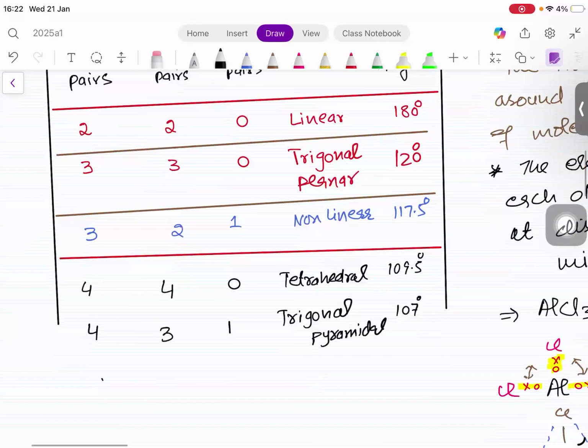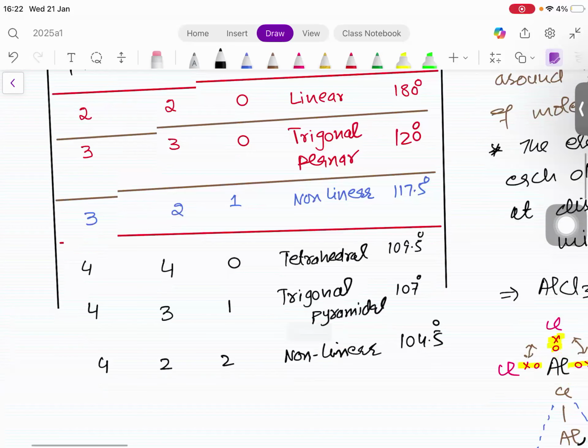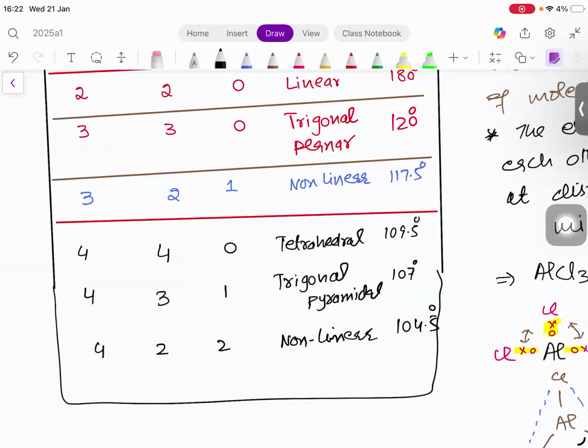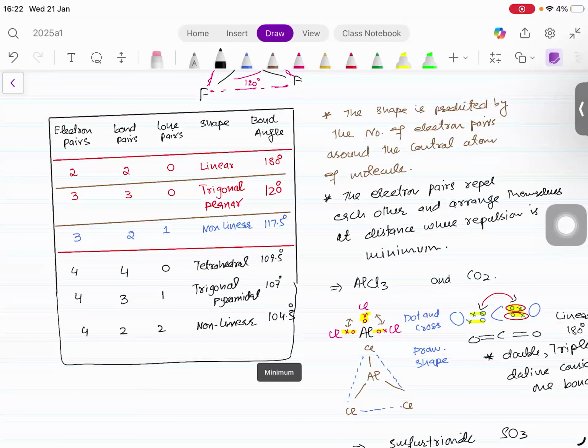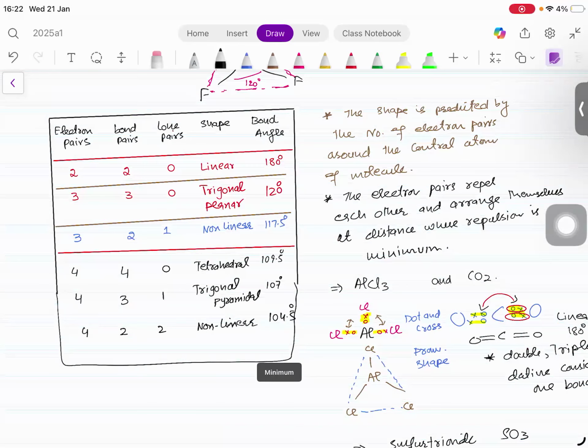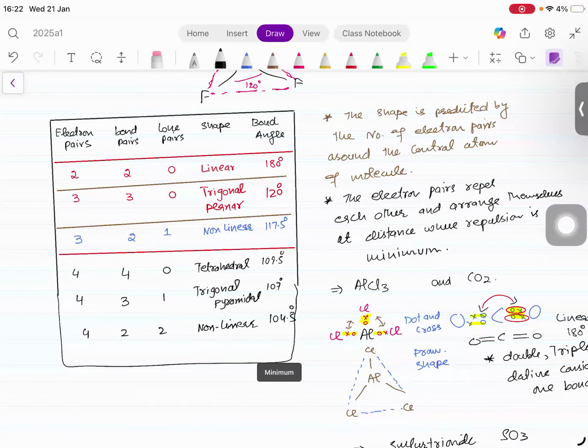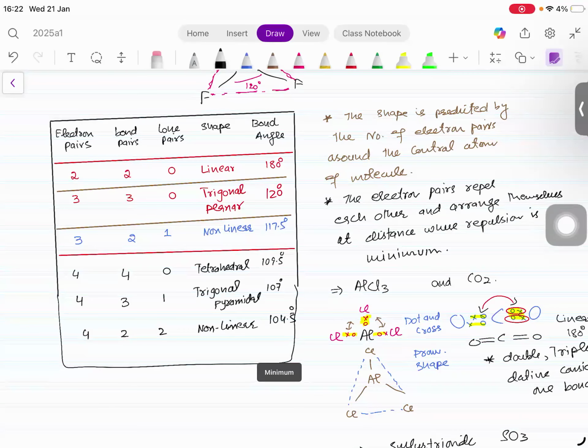And if there are four in total, but two bond and two lone, it will be non-linear with a bond angle of 104.5. So these are the three with four electron pairs in total, in which two bond pairs and two lone pairs.